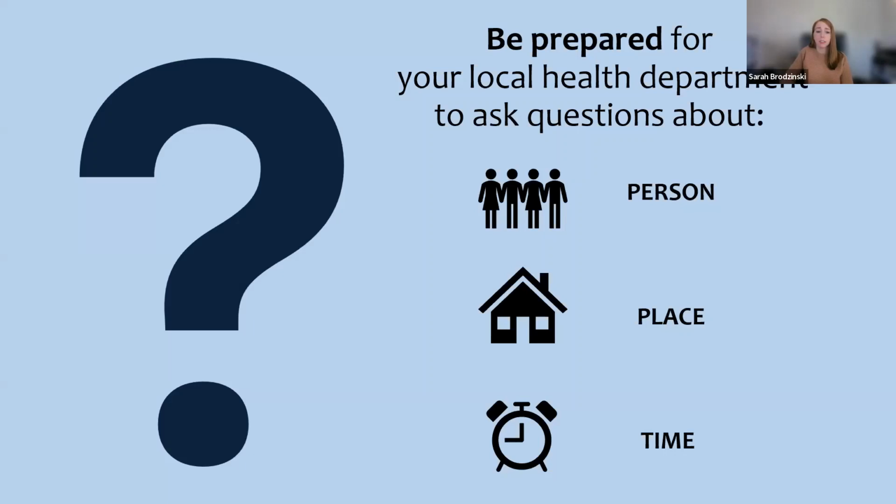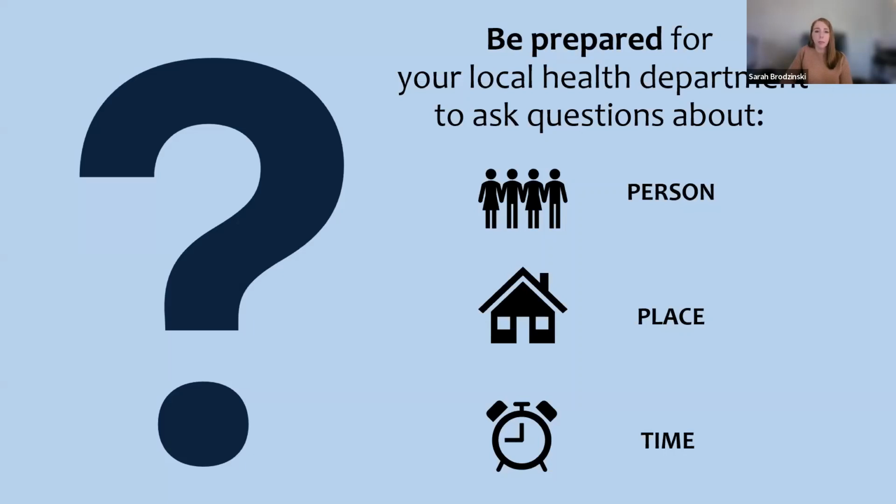Some additional questions that they may ask include, have you been notified of a particular diagnosis for these individuals, such as strep or RSV? What symptoms have they been experiencing? Could the cases be connected in any way, or are they in any of the same classes, or maybe they ride the same bus?